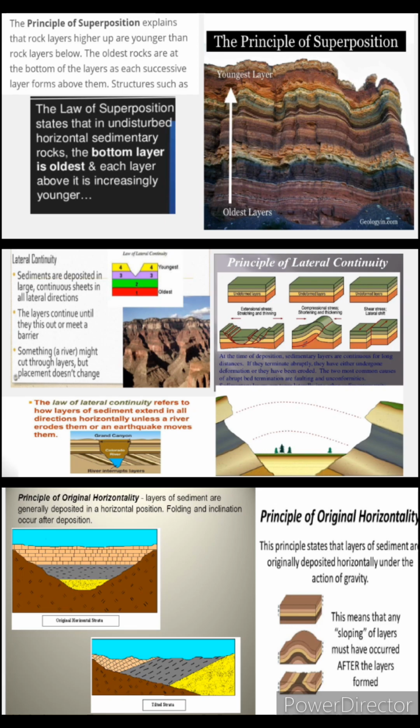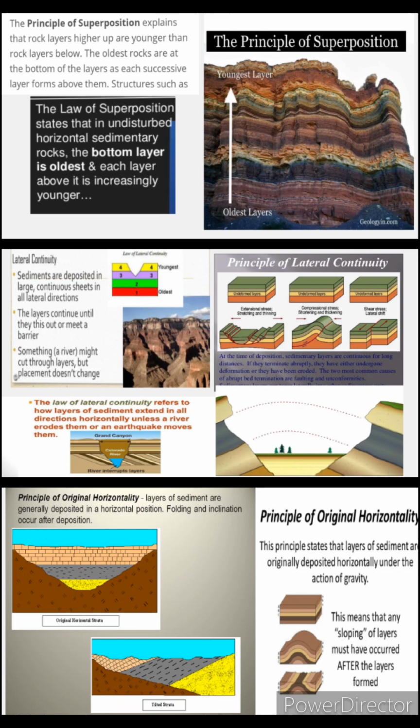The law of superposition states that in undisturbed horizontal sedimentary rocks, the bottom layer is the oldest and the top layer is the youngest. In this diagram, the oldest layer is at the bottom of the rock strata and the youngest layer is at the top. So this is the principle of superposition.